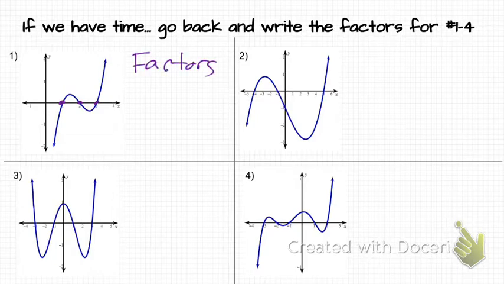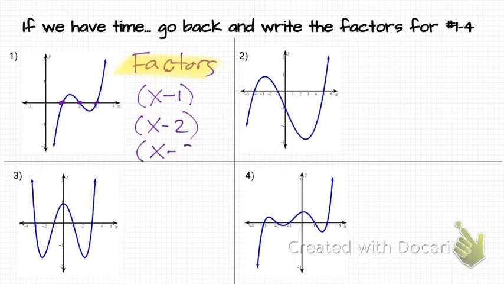I want you to also write that these are the factors. We'll say x minus 1, x minus 2, x minus 3. Those are the factors of this equation. So for number 1, those are your 3 factors. Spend 2 minutes writing the factors for the other ones. Number 2, 3, and 4.